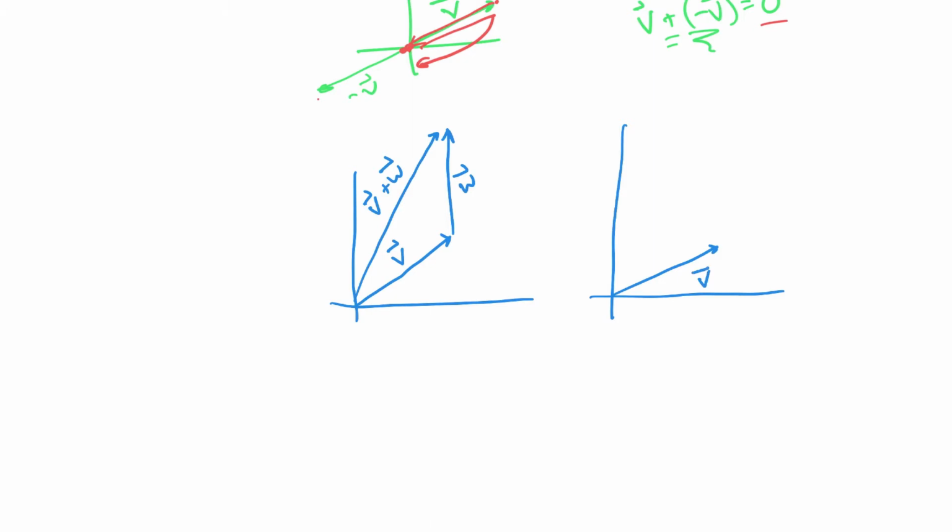Say I have the vector V and the vector W. What is that vector?